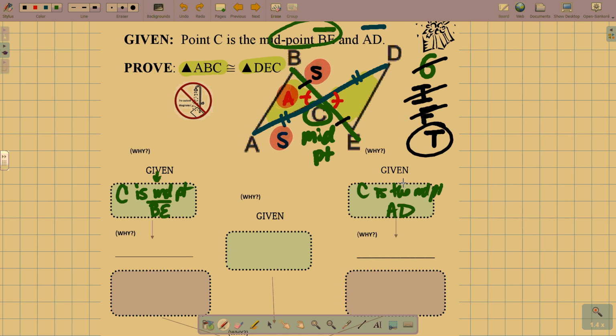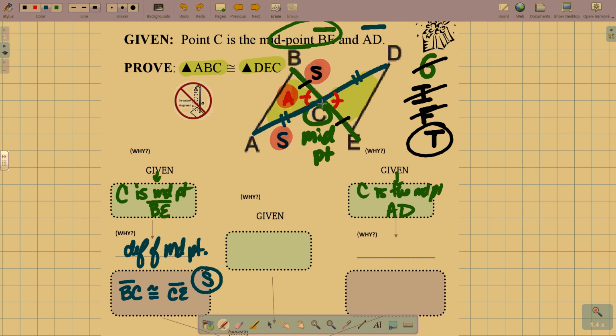Because it's given. The logical conclusion of C being the midpoint of BE is the fact that the side BC is congruent to CE. Why do I know that? Because of the definition of a midpoint. That gave me a pair of sides.